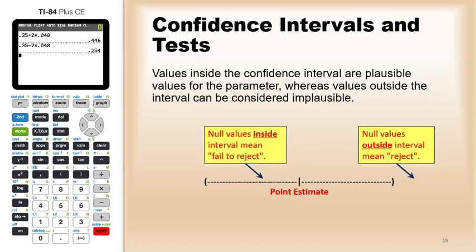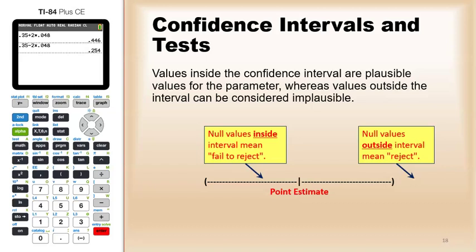Now, if your null value is inside, that would be the same thing as saying fail to reject, because if the null value is inside the interval, then the null value is plausible. So that means the null hypothesis is plausible. We would fail to reject. If the null value is outside, then that means the null value is not plausible, which means that the null hypothesis is probably not true and we should go with the alternative.